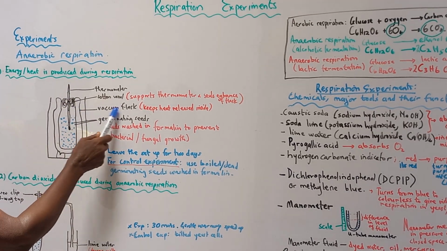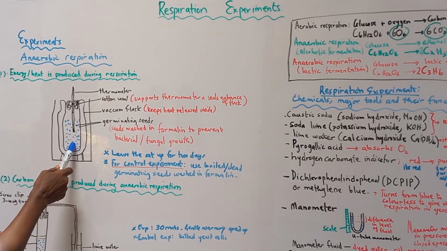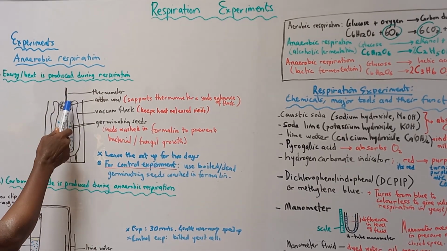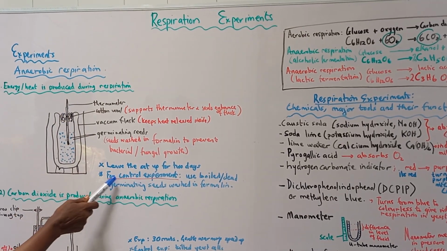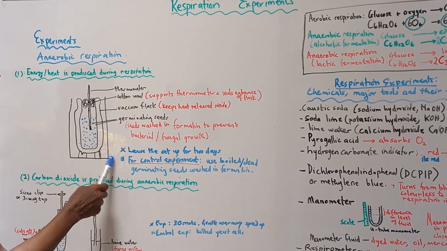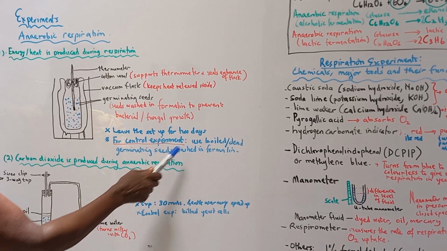Now this setup, if it's left for 2 days, will produce enough heat that can be measured. For control experiments, germinating seeds that have been boiled so that the seeds are dead are used, but the dead seeds are also washed in formalin.